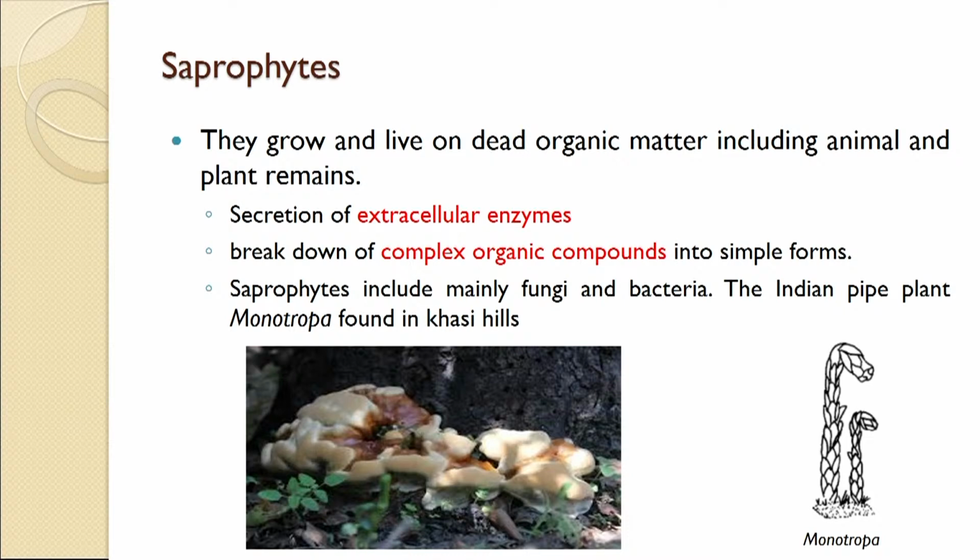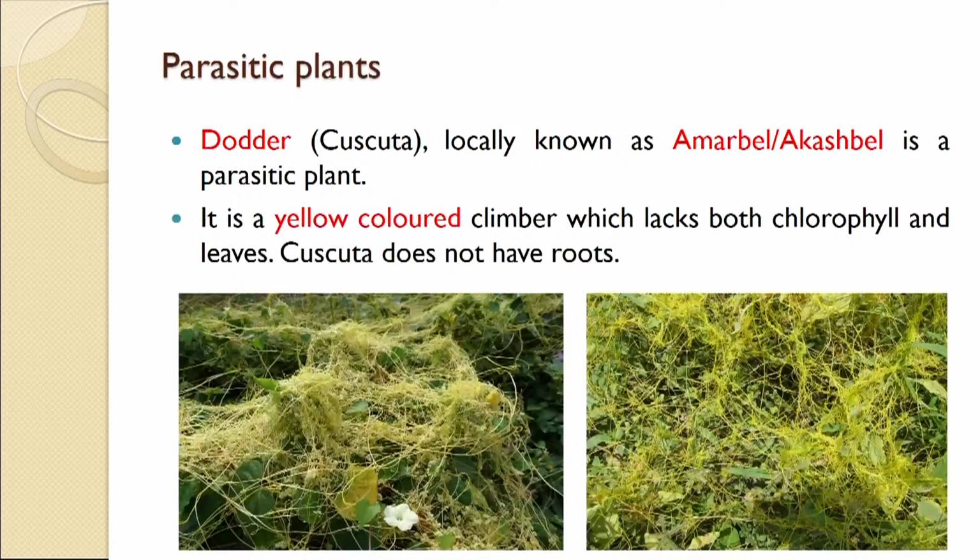These saprophytes mainly include fungi and bacteria. A typical Indian pipe plant that is called Monotropa, which is found in Khasi Hills, is also an example of saprophytes.